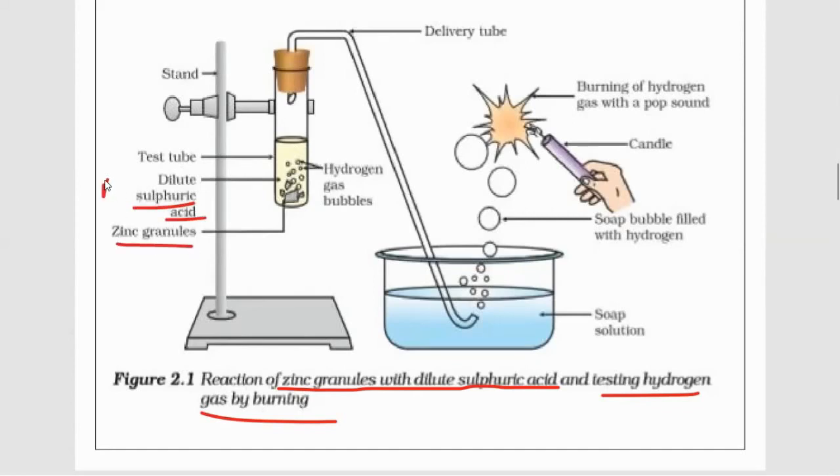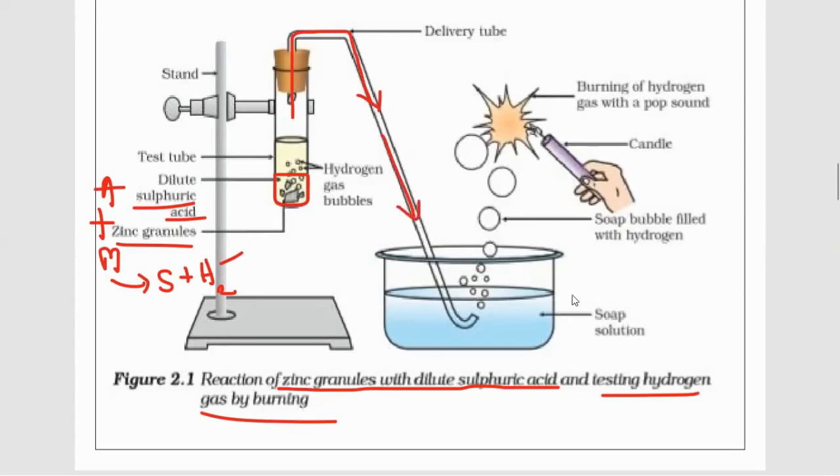Sulfuric acid is an acid, zinc granule is a metal. Acid plus metal gives rise to what? Salt and hydrogen gas. So automatically salt will be produced and will be present inside this test tube only, and hydrogen gas which is evolving from the solution will come out and pass through the delivery tube.